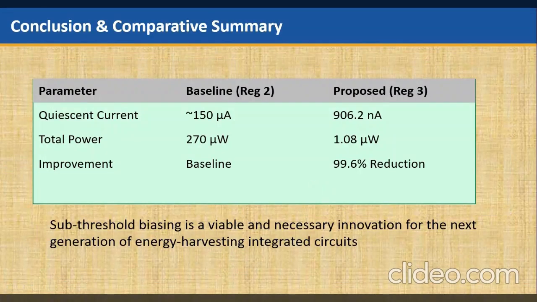To summarize our findings, please look at this comparative table. My baseline design consumed 270 microwatts. By migrating to region 3, which is the subthreshold region, and scaling our voltage, we brought that down to just 1.08 microwatts with a quiescent current of 906.2 nanoampere. This presents a massive 99.6% power reduction.